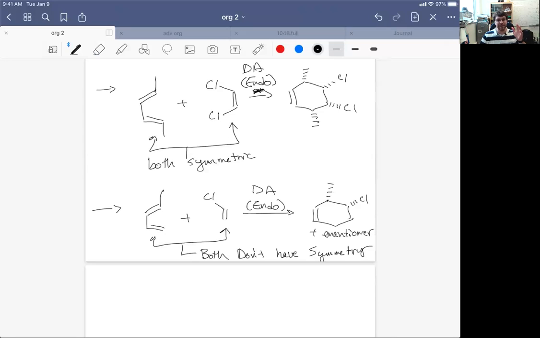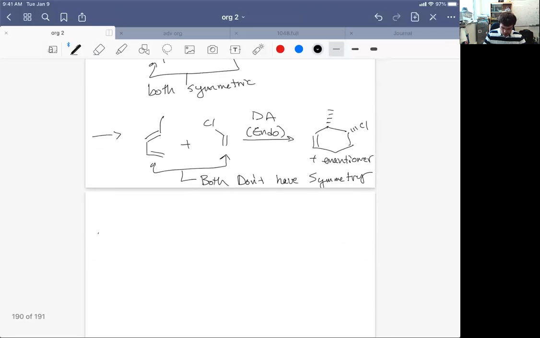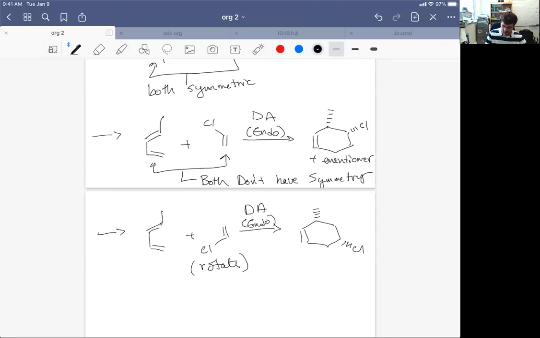Since both the diene and the dienophile do not have symmetry, there's another product that could form. I could form a product where I flip either the diene or the dienophile. In this case, I'm going to rotate this. And I could still follow the endo rule. And in this case, I would just have the chlorine on a different part of the resulting product.